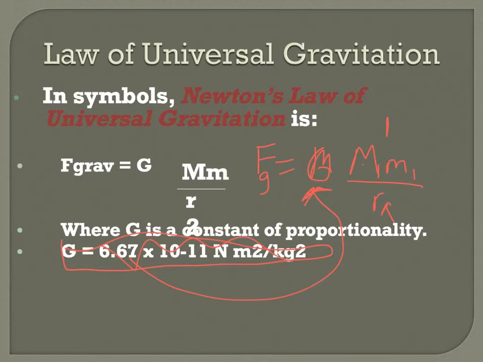Let's say the radius was 2 at first, but we increased it to 4. So if we go from 1 over 2 to 1 over 4, the gravitational force was 1/2, and then we increased the radius and it became 1/4. The gravitational pull is now smaller, right? 1/4 is smaller than 1/2.